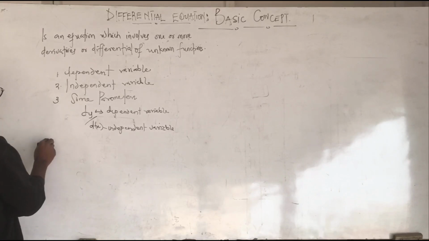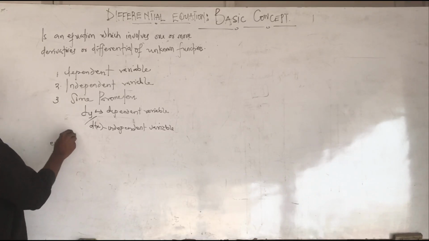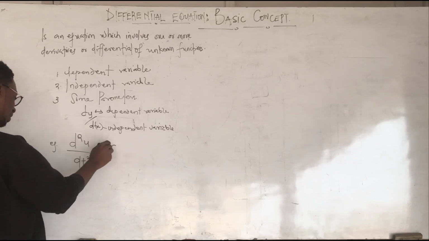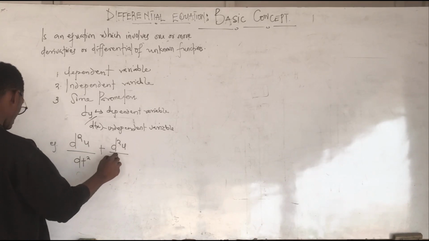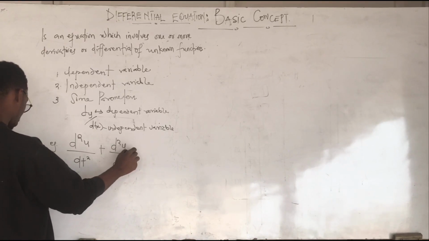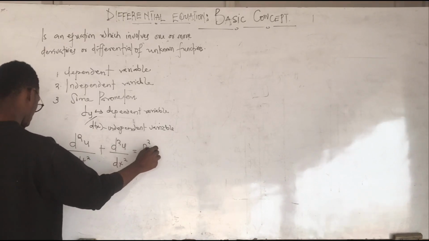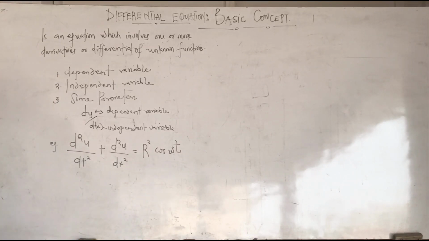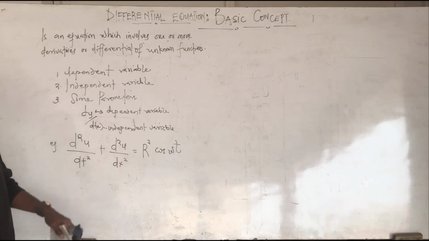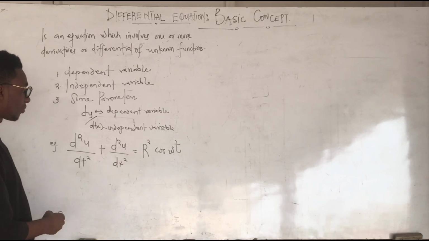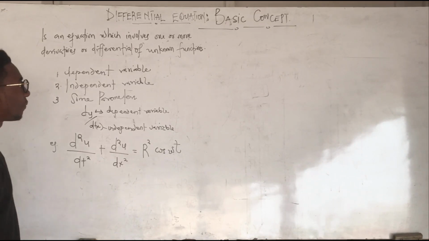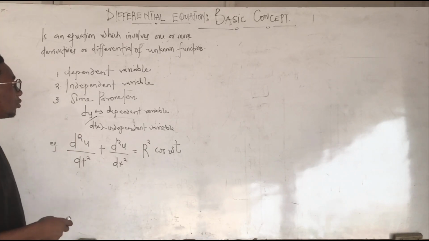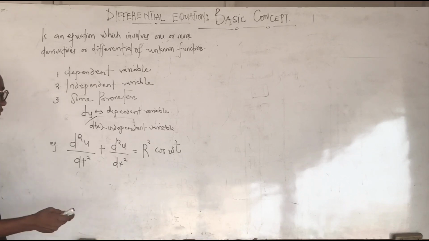So for instance, let's take a differential equation: the second derivative of u with respect to t, plus the second derivative of u with respect to x, is equal to r squared cos omega t. When you are asked to find the dependent variables, independent variables and parameters, it is very simple.